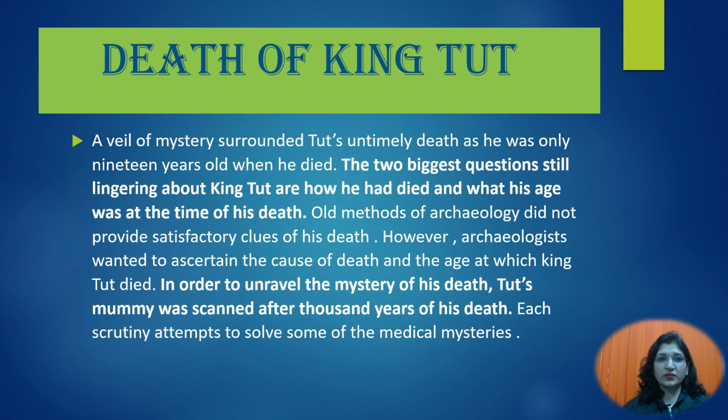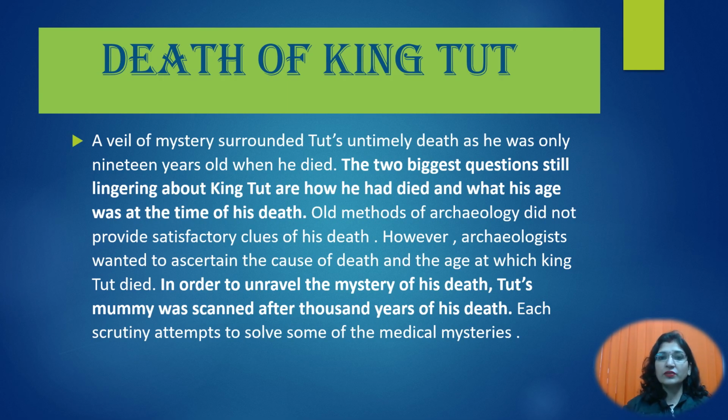A veil of mystery surrounded King Tut's untimely death because he was only 19 years old when he died. The two biggest questions still lingering about King Tut are how he died and what his age was at the time of his death. Old methods of archaeology did not provide satisfactory clues of his death.